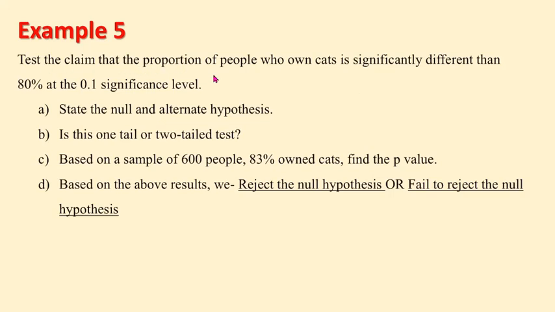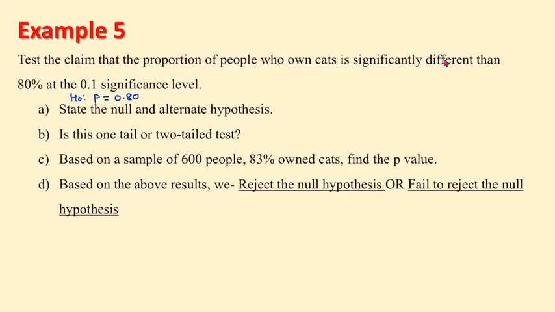Test the claim that the proportion of people who own a cat is significantly different from 80% at the 1% significance level. Here in the first step, we are asked to state the null and alternative hypotheses. So your null hypothesis would be p equals 0.80.